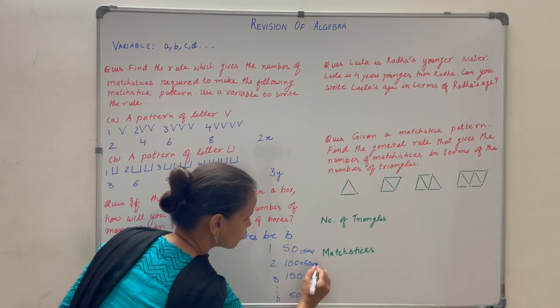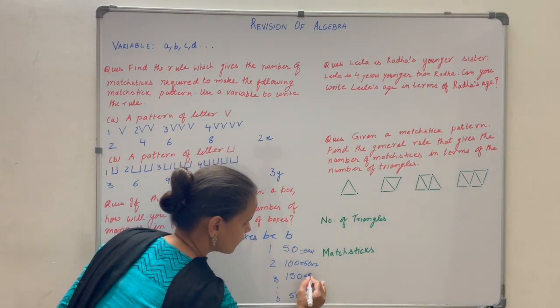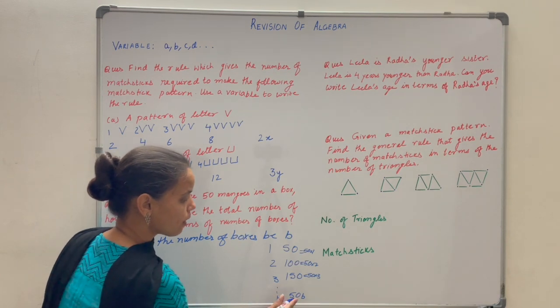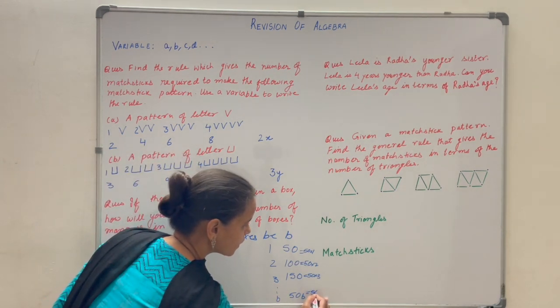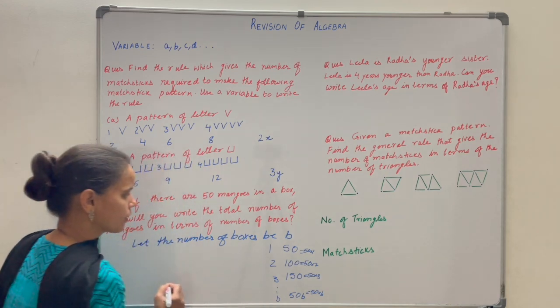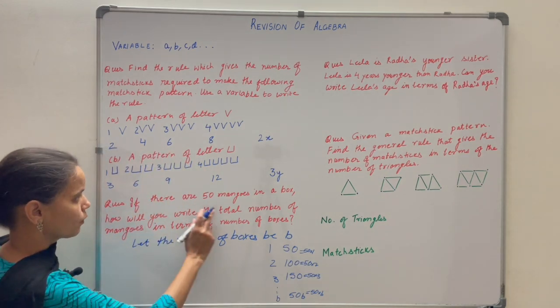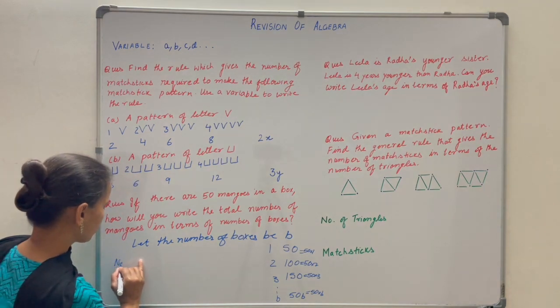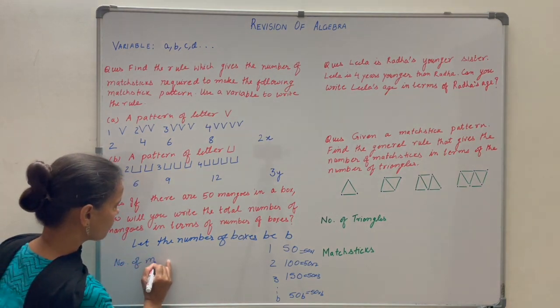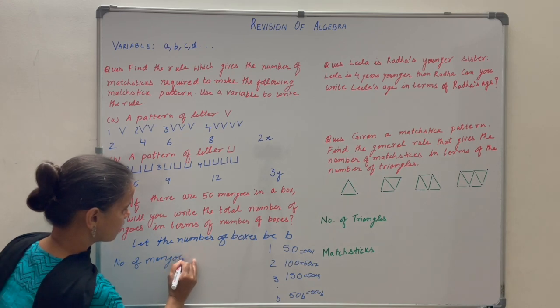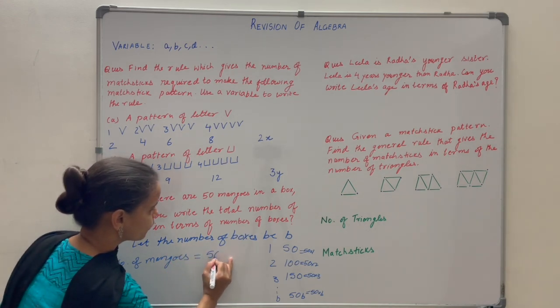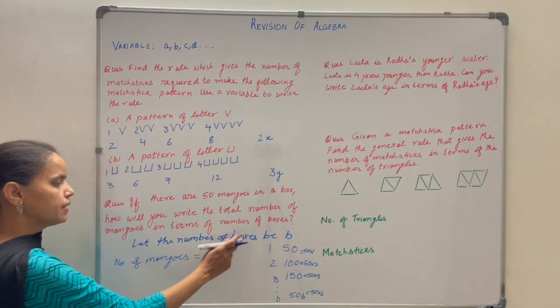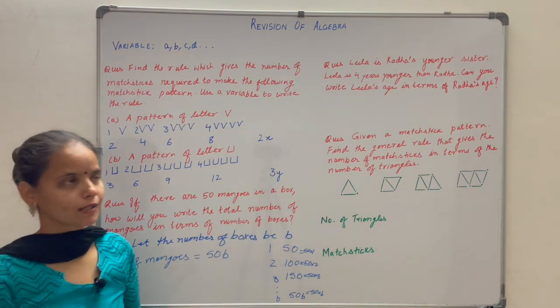When there are 2 boxes, 50 into 2. When there are 3 boxes, 50 into 3. So if there are B boxes, 50 into B. So the number of mangoes is equal to 50B, where B is the number of boxes.